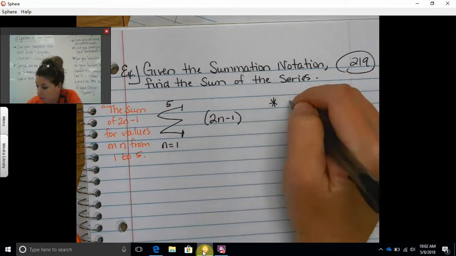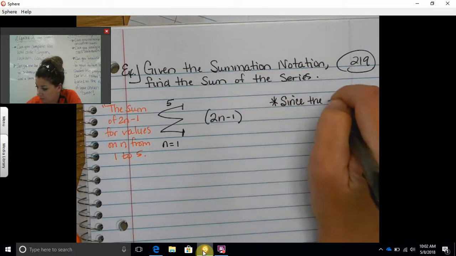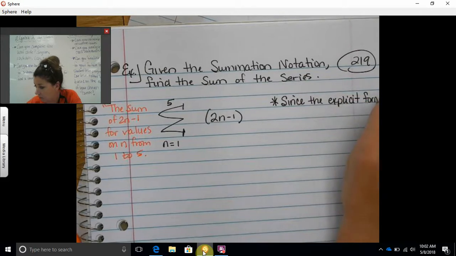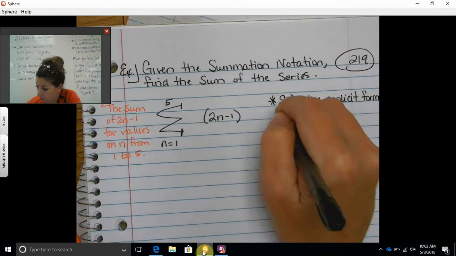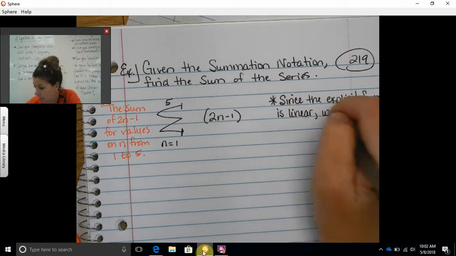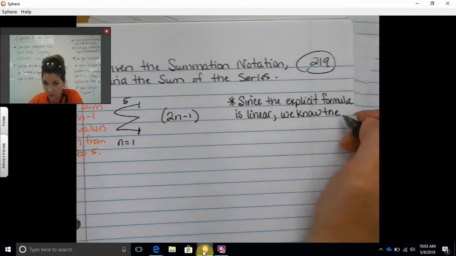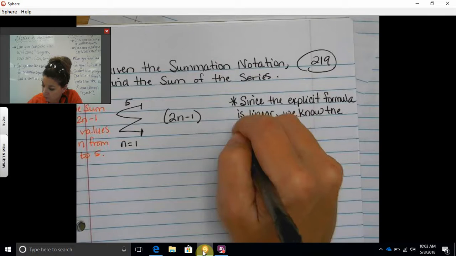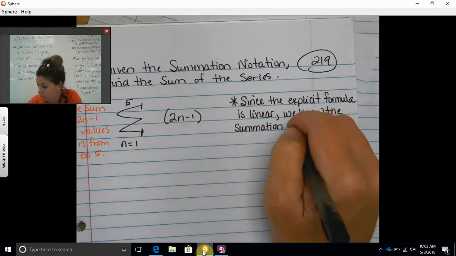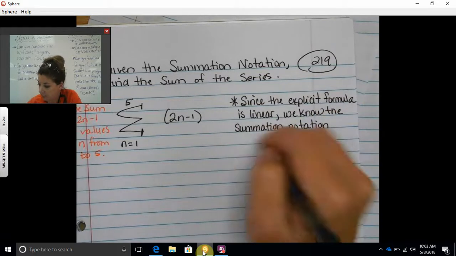Since the explicit formula is linear, we know the summation notation represents an arithmetic sequence.